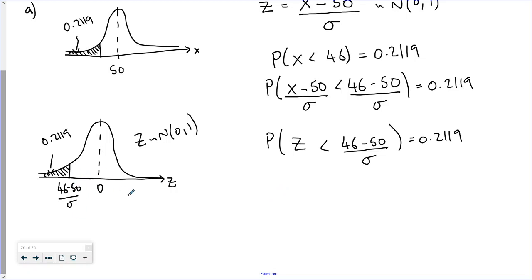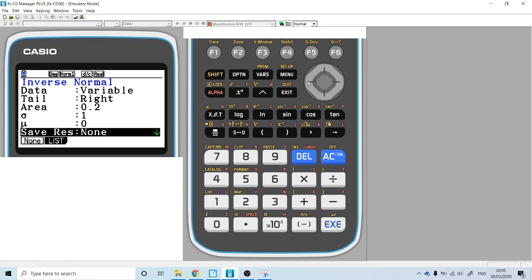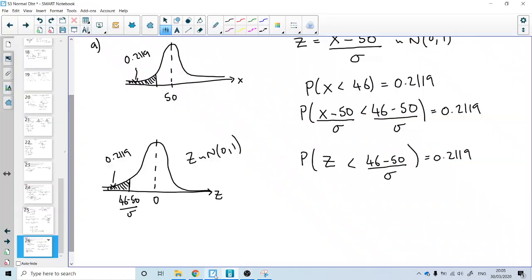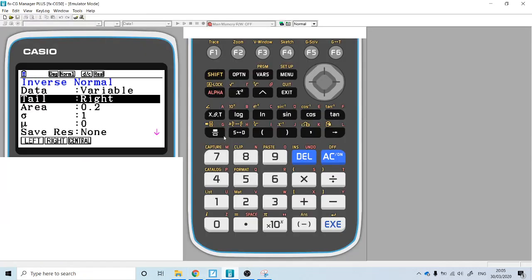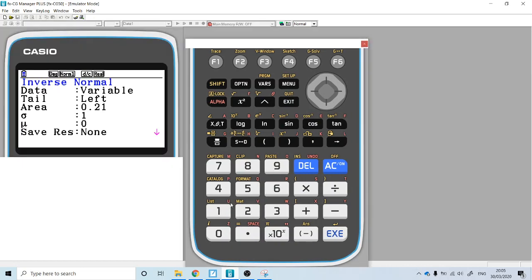We can use our calculators to work out what this value is. This is an inverse normal problem. So we're going to go to inverse normal, and because we know the probability to the left of this point is 0.2119, we're going to put the tail as left and our probability as 0.2119.